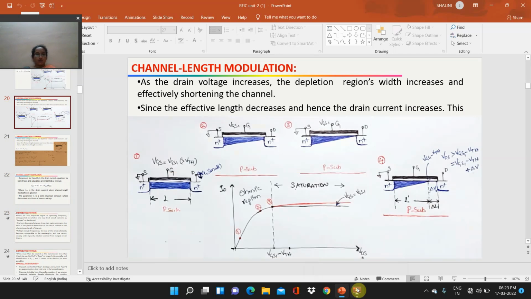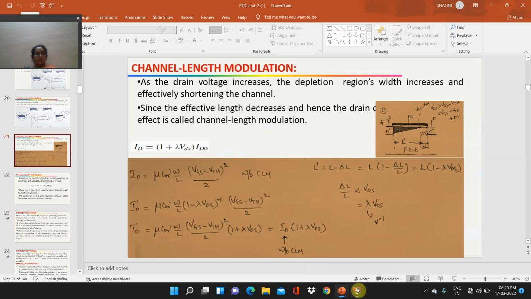As the drain voltage increases, the depletion region width increases and effectively shortens the length. Since the effective length decreases, the drain current increases, and this effect is also called channel length modulation.